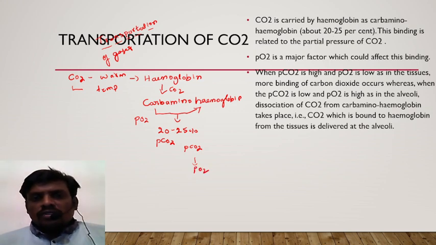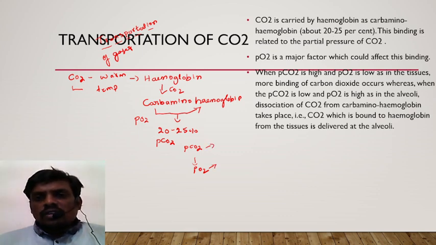In the reverse position, if there is a high PO2 in the tissues, PCO2 quantity will be very less. When PCO2 is low, PO2 is high in the alveoli also.